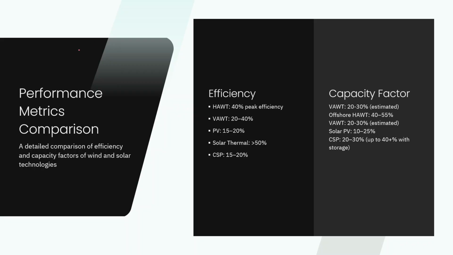So first we will look at the efficiency, right? You can see that the horizontal axis wind turbine has about 40% peak efficiency, and the vertical axis wind turbine, compared to the horizontal axis ones, has around 20 to 40% efficiency, whereas PV has a very low efficiency with the current technology, and there is research going on to advance the efficiency of the PV system.